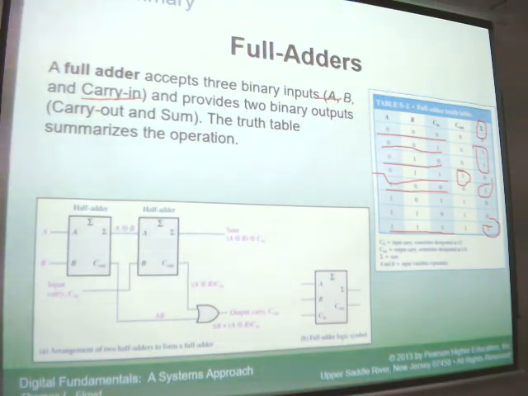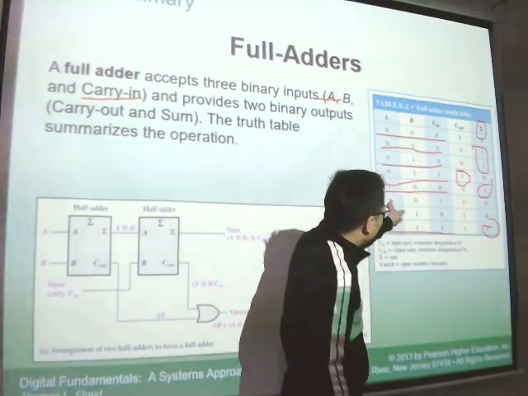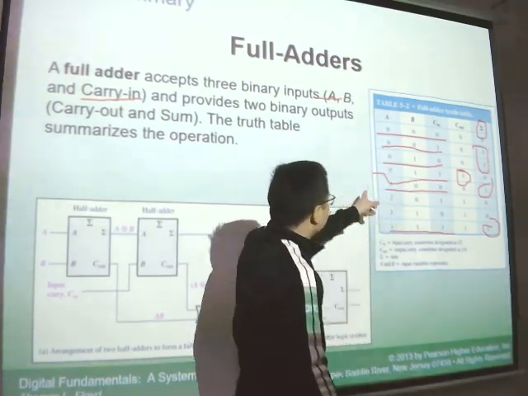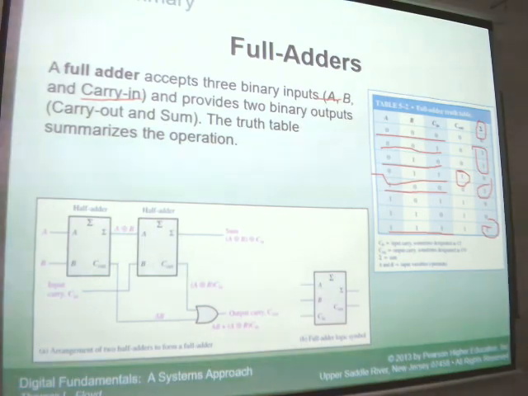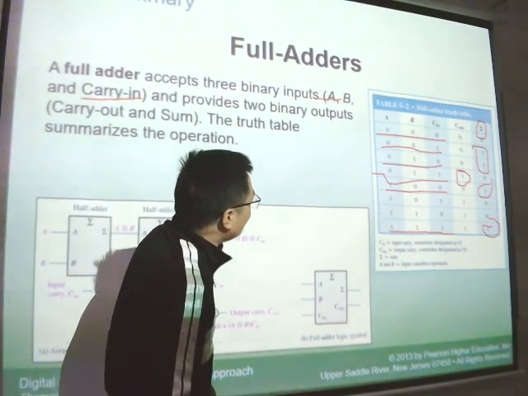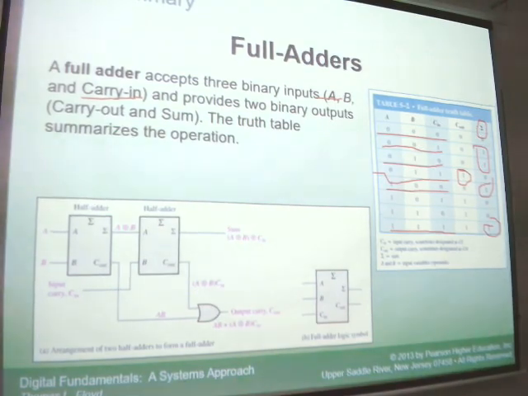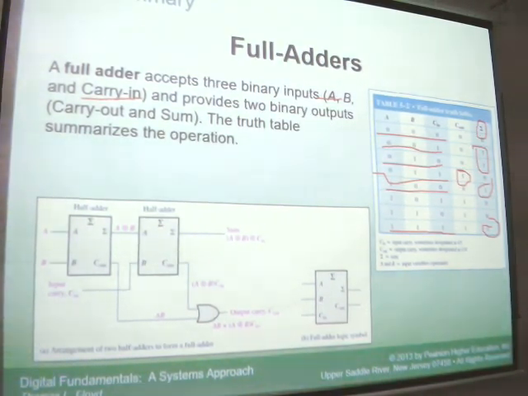The second one is 1, 0, 1. The third one is 1, 1, 0. And the fourth one is 1, 1, 1.